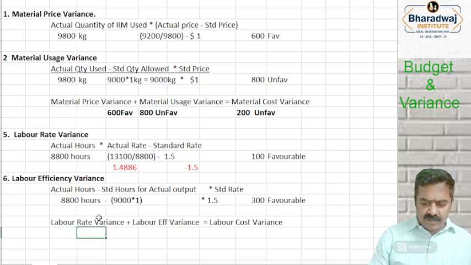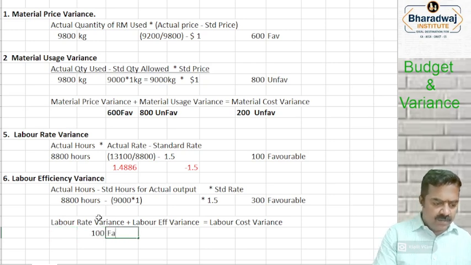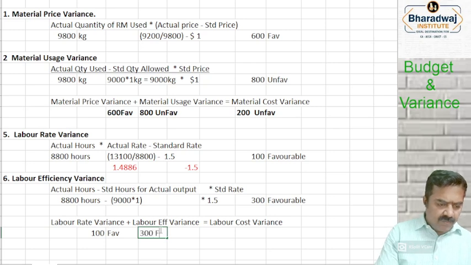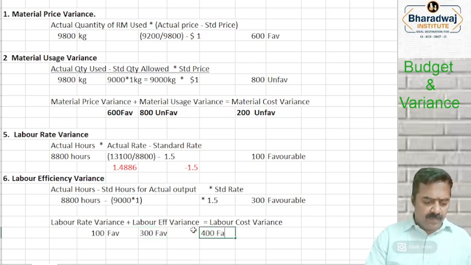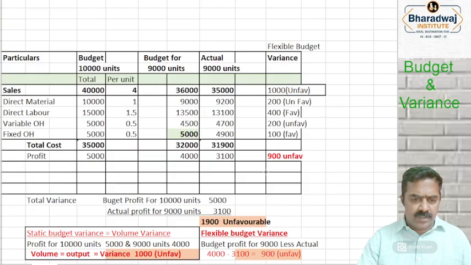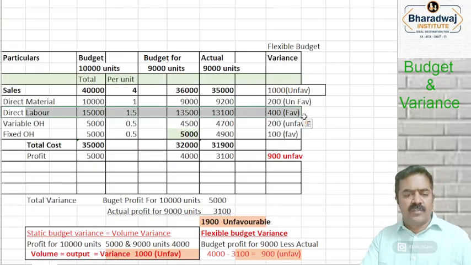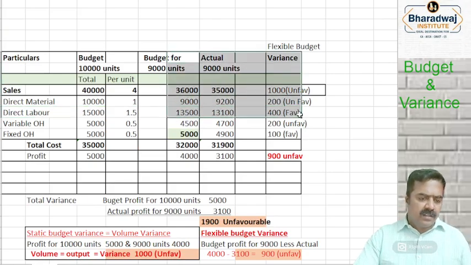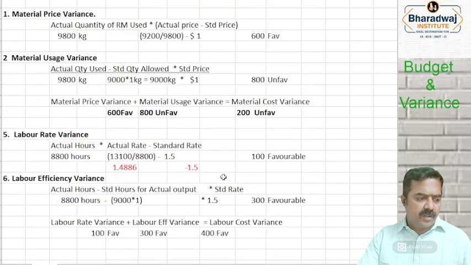What is the rate variance? 100 favorable. Efficiency variance is 300 favorable. So labor cost variance is totally 400 favorable. You can check the question also. Labor cost variance is 400 favorable. We compare the flexible budget, 400 favorable.